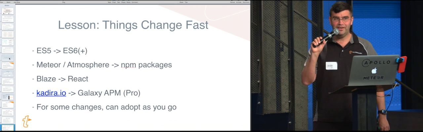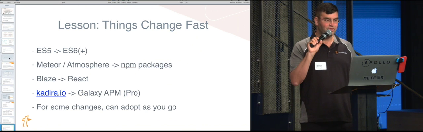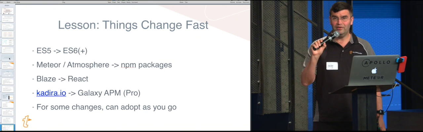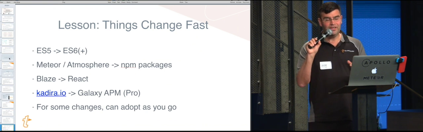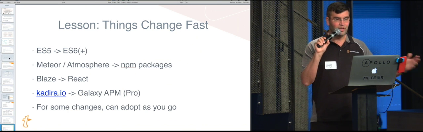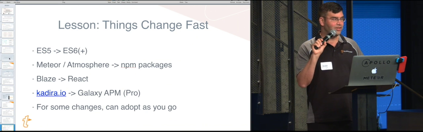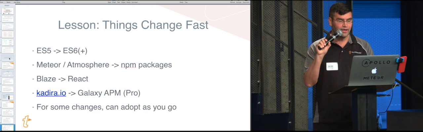Another lesson we learned is that things change really fast. The change from ES5 to ES6, Meteor Atmosphere to NPM packages, and so we found ourselves very quickly replacing some packages and starting a policy of, okay, if we're trying to find something new, we want to find something that's more across the board standard from NPM.